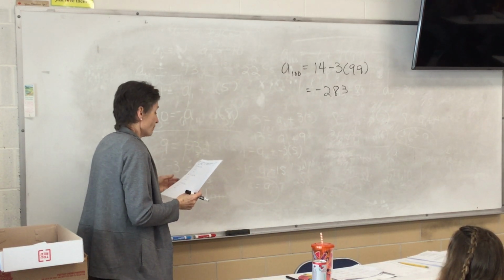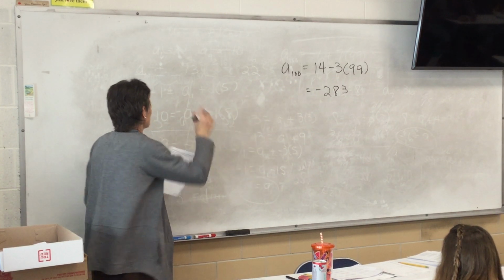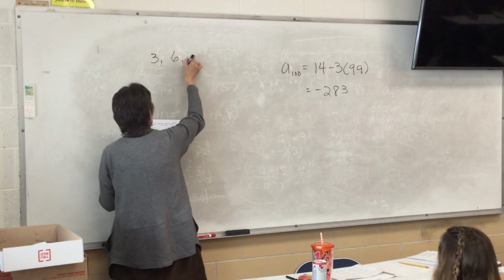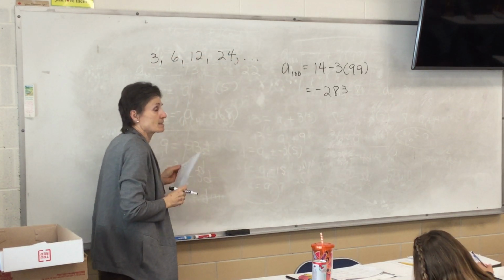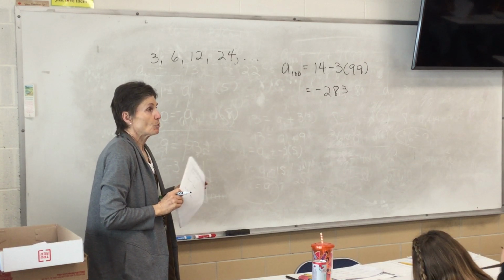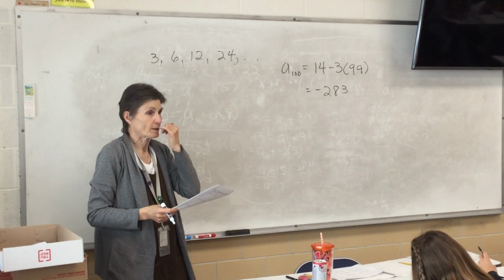All right. Now I'm ready for number 5. For the following geometric sequences. All right, refresh my memory. What is the difference between arithmetic, which is what we were just doing, and geometric?